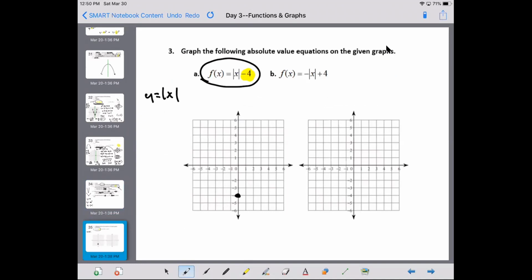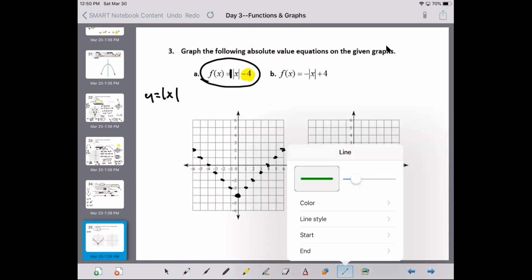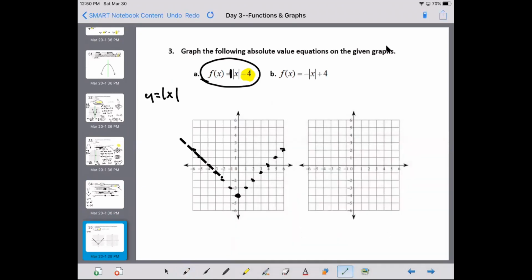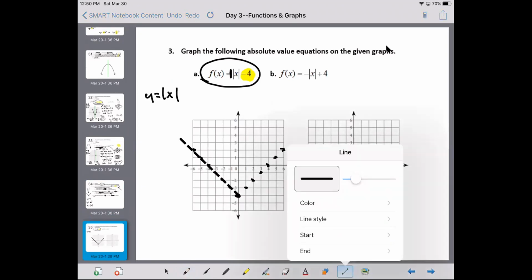And since A is understood to be 1, notice I'm putting the 1 out front, that's your A, it will have a slope of 1 to 1 on both sides, positive 1 to 1 and negative 1 to 1. So we should see something that looks like this. And that needs to be a solid line and not a dotted line.